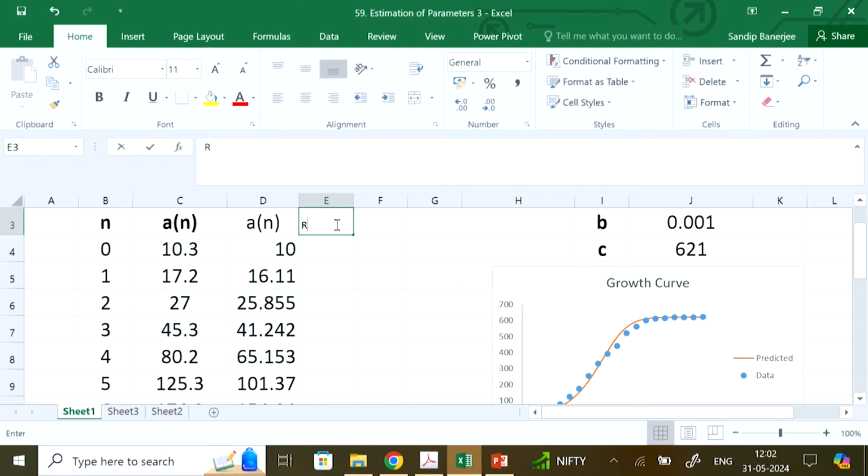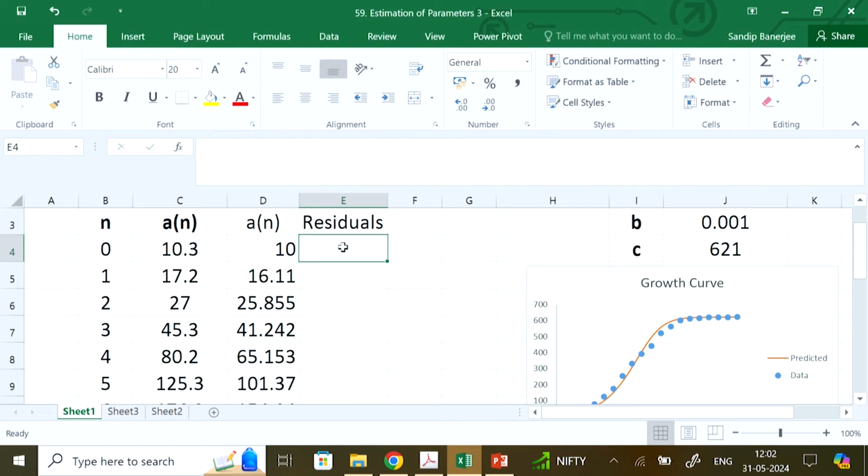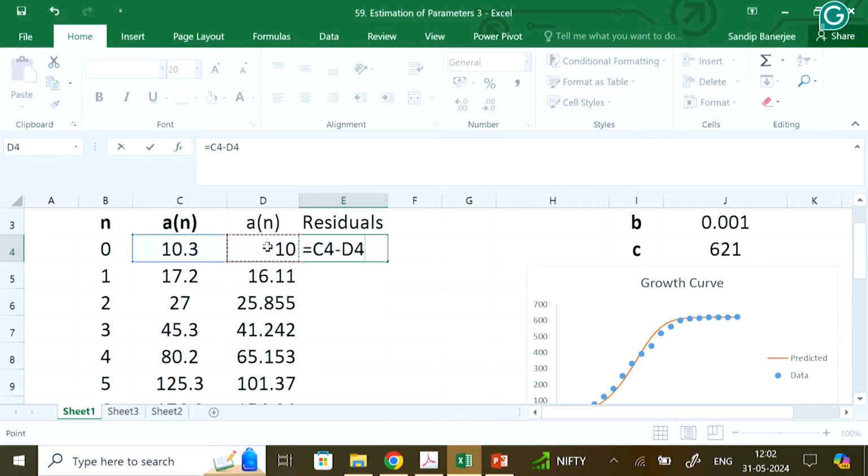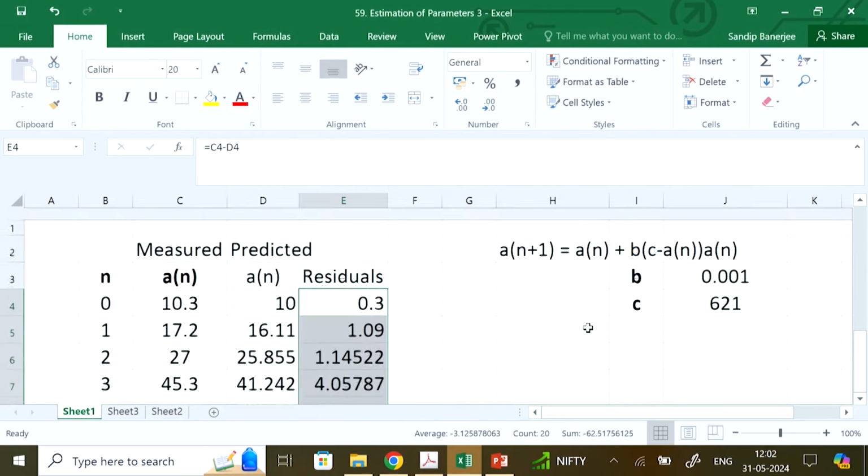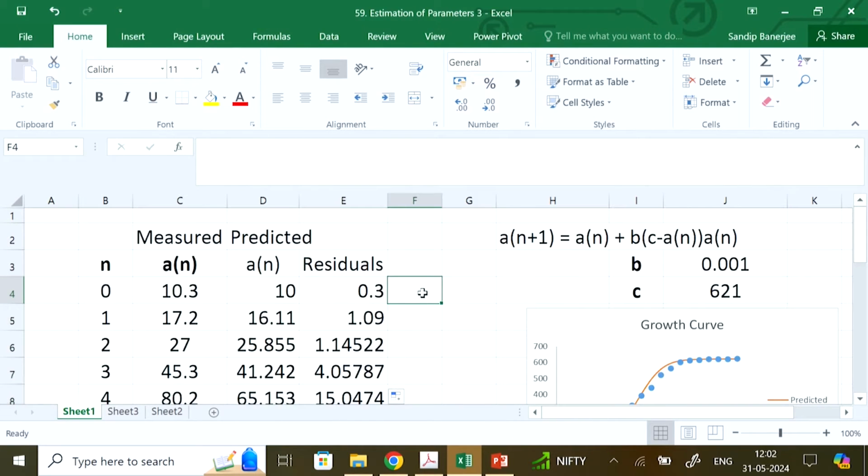So, first you calculate residuals, so the residual is this value minus this value. And then the residual square. So, this square.